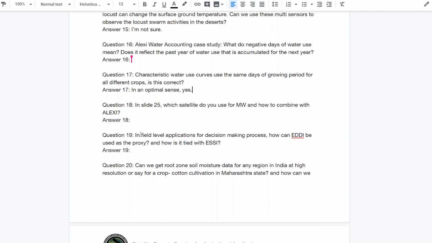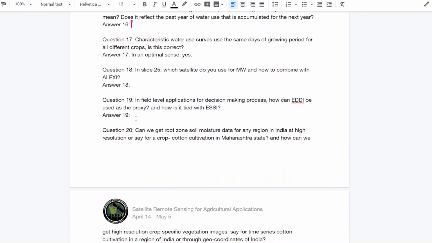Okay, question 18. In slide 25, which satellite do you use for microwave and how to combine with ALEXI? So there's a number of microwave sensors that provide the 37 gigahertz observation, a Ka band. There's a number of sensors that have been up over the last 20, 30 years and are still up.